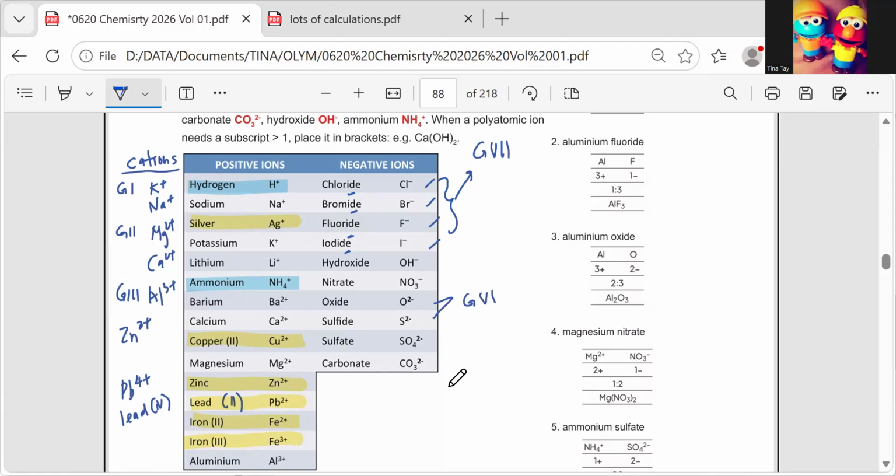And then if it's group 6, it's oxide and sulfide. And then group 5? Can you remember group 5? You have phosphide and nitride.